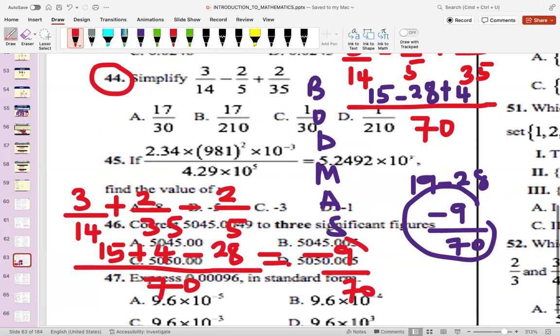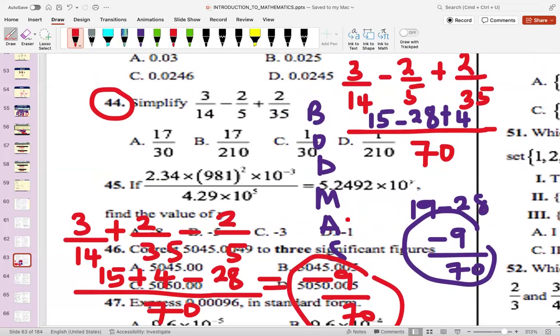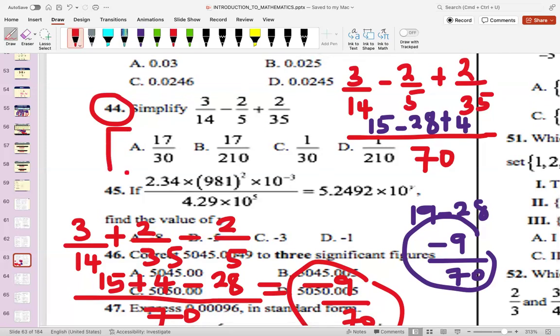So now that you are sure that if you use BODMAS and go by the order, and you just arrange them the way it is, and you check your answers here, and you cannot find your answer.